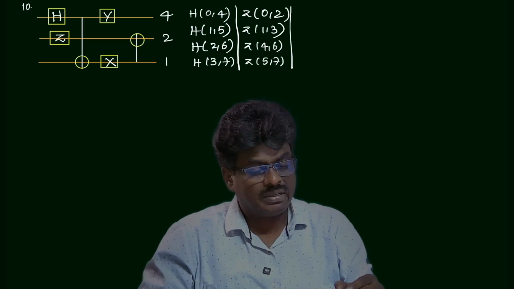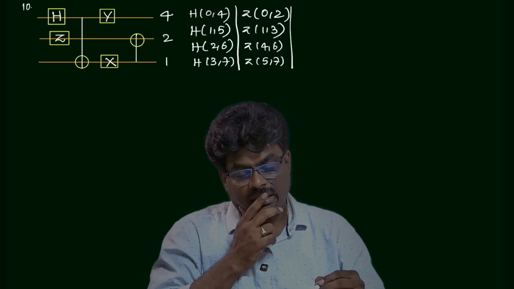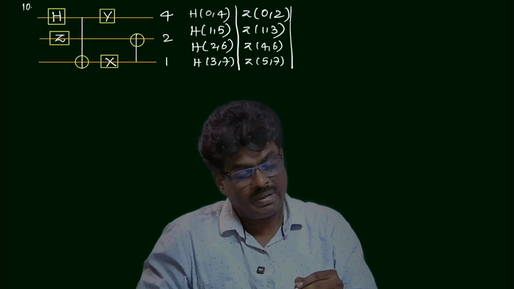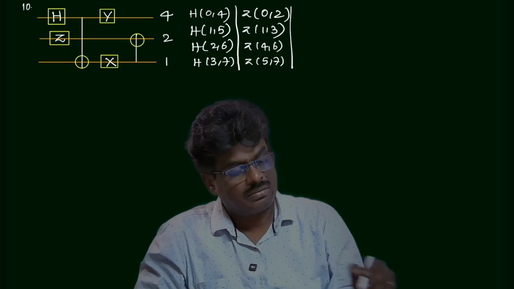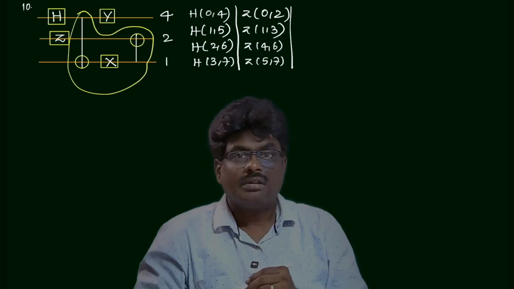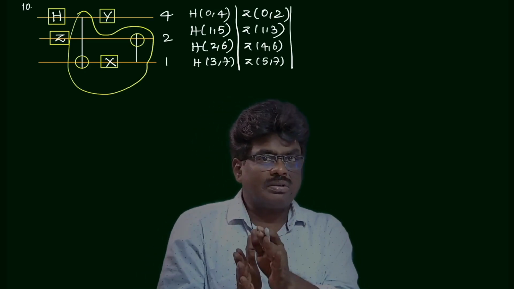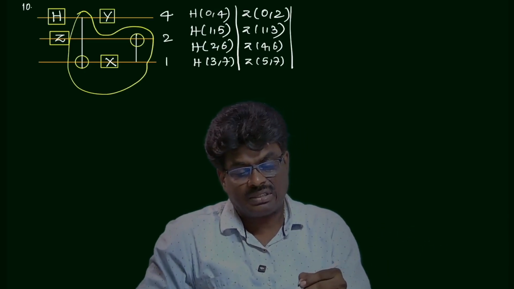Here, wait a minute. Now what I am doing here, here we have a C naught combination. Okay, this one. Now carefully see. Why am I able to shift that Y to that side? Yes, there is no connection actually.